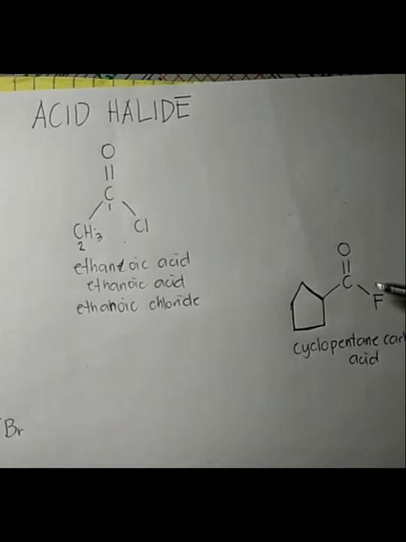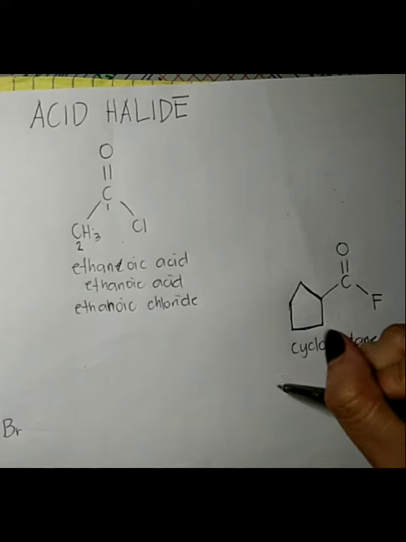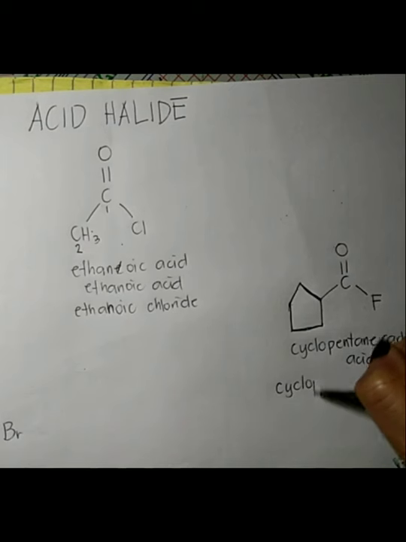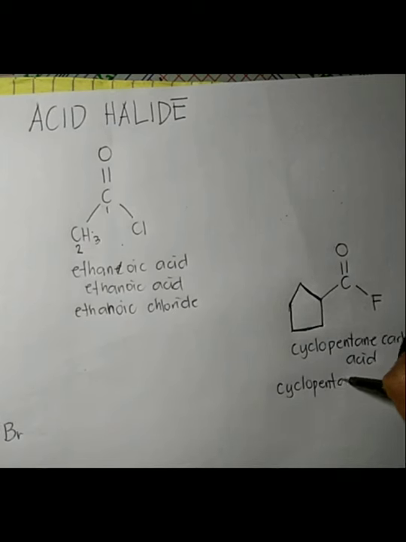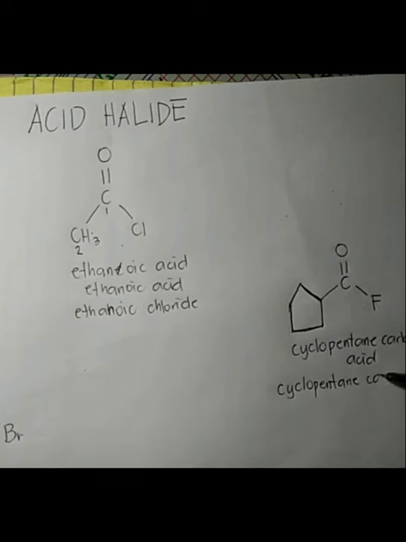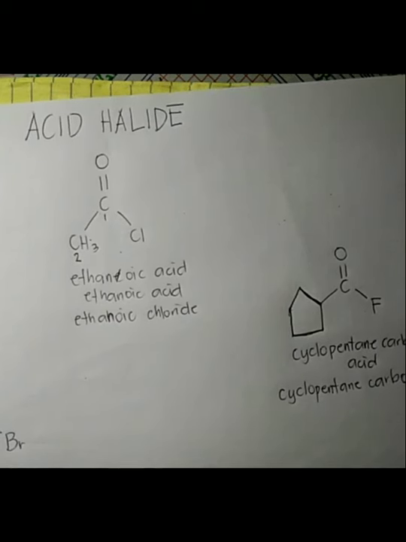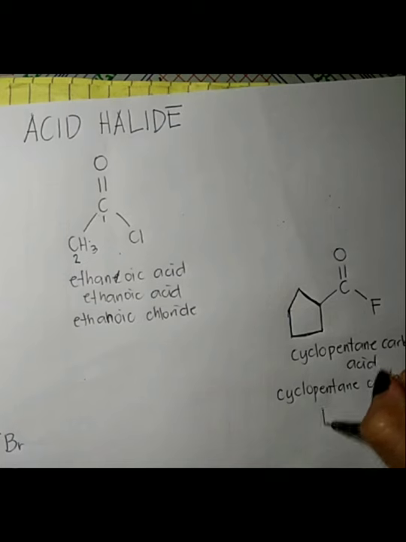So cyclopentane carboxylic acid. If we derive this cyclopentane carboxylic acid into an acyl halide, this will become cyclopentane carbonyl fluoride.